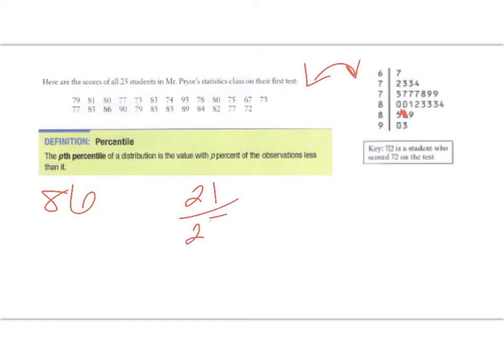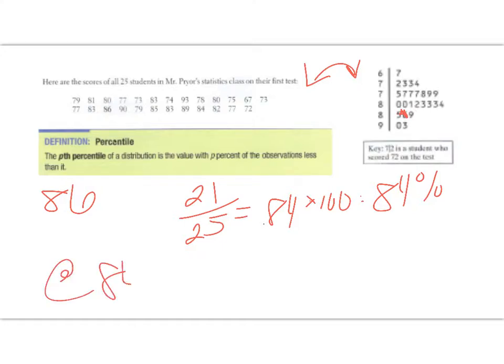So if I figure out what that percentage is, I get that 84% of the test scores on this particular statistics test were lower than her score. What that means then is that she is at the 84th percentile.